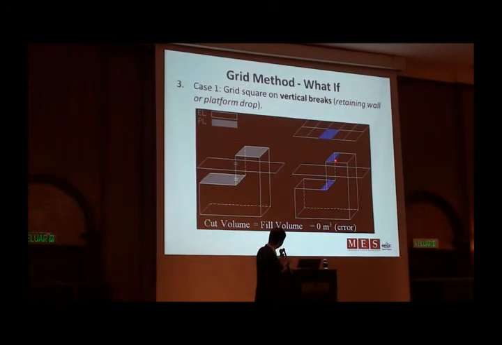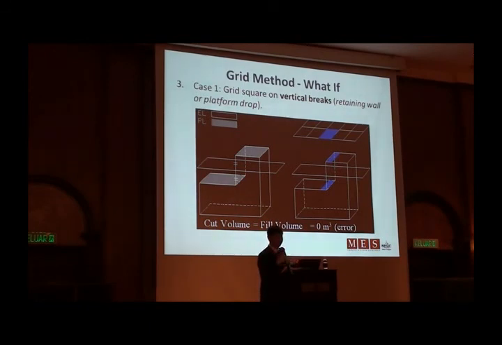In the grid method, they won't capture this kind of drop because they will plot the line from here to here, from this information to another information. In terms of volume, they will say cut and fill are all zero because the volume difference is compensated by this triangular part here. So the total becomes neutralized, no volume change.